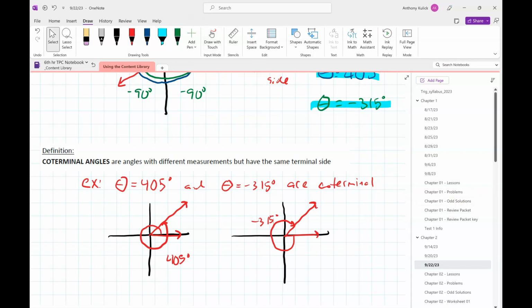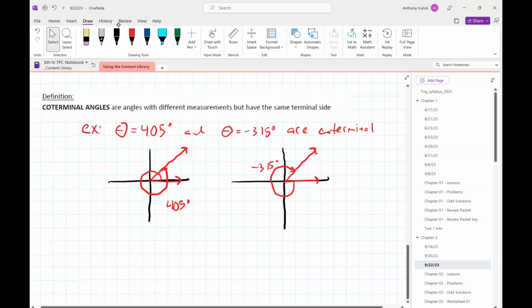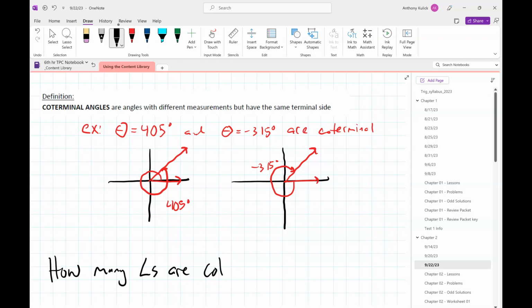So if I want, how many angles do you think are coterminal to a given angle? Let's ask that question. So maybe more specific. How many angles are coterminal to theta equals 45 degrees?